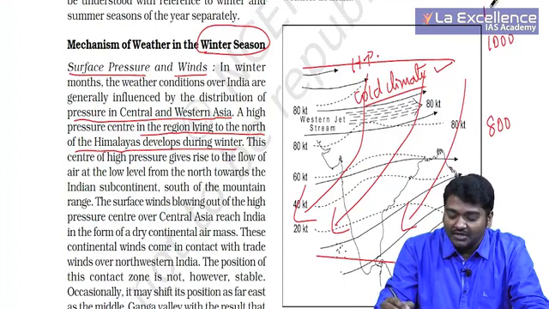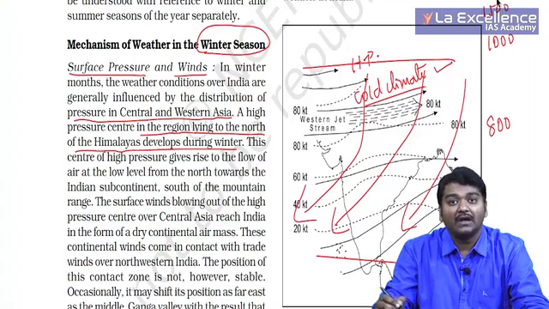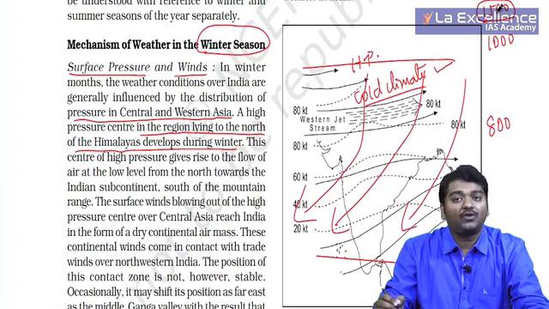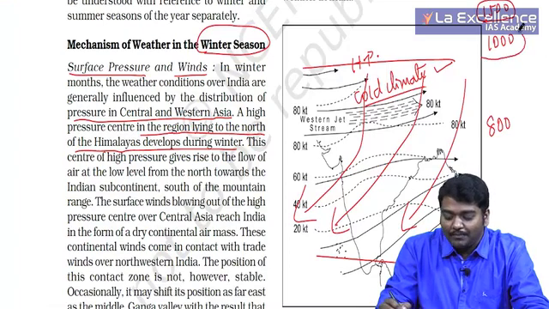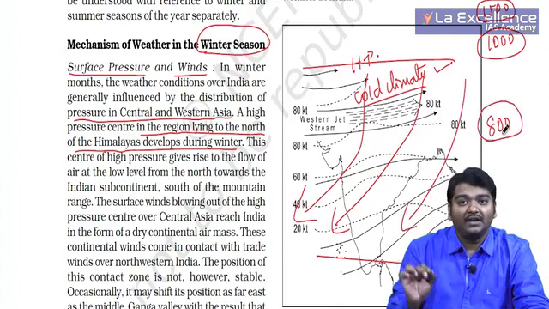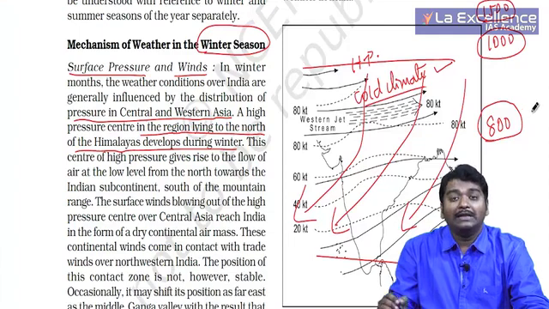In polar regions it will be 1500, because winter means polar regions will be extremely cool, Tibet will be cool, and India will be less cool.